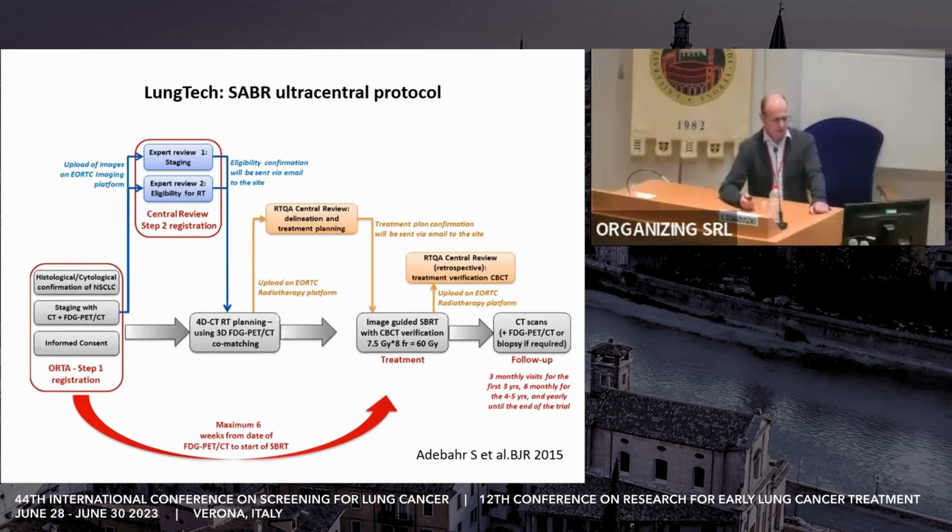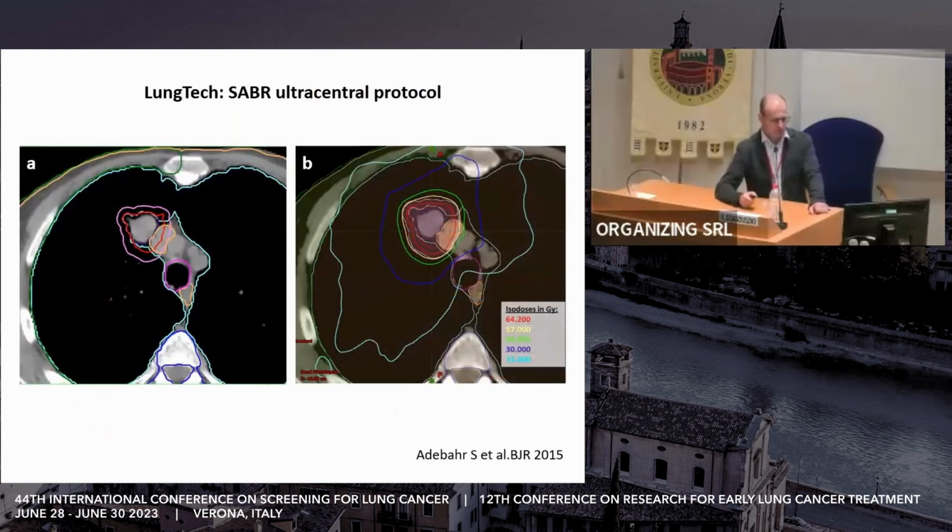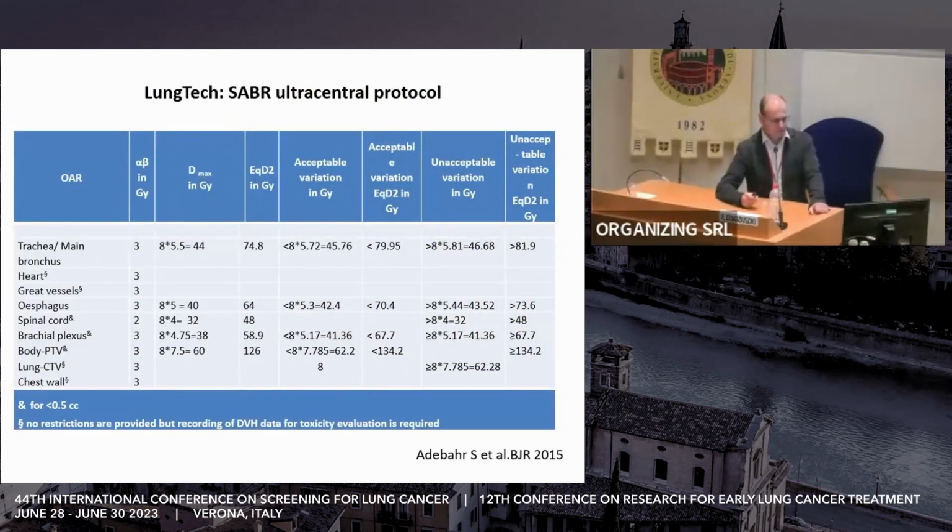This is our LungTech SABR ultracentral protocol that we initiated with the EORTC lung group. The trial used 4D CT planning first with very carefully designed organs at risk doses that should be used in this trial to document the safety of this approach.